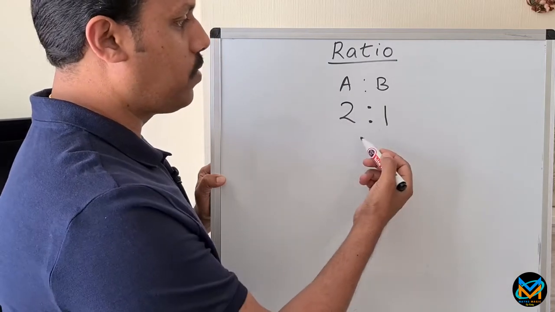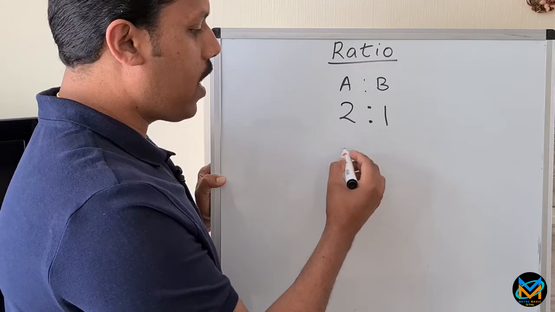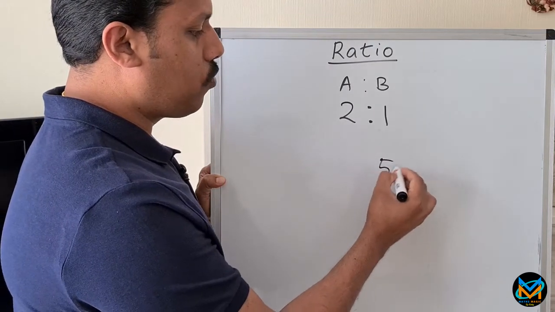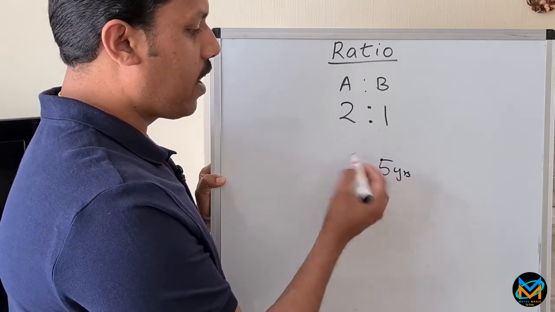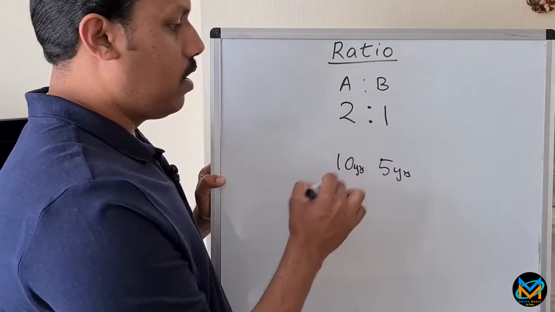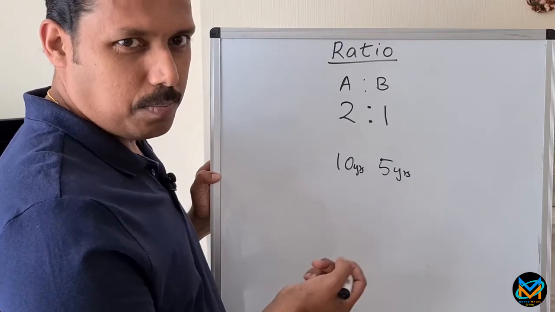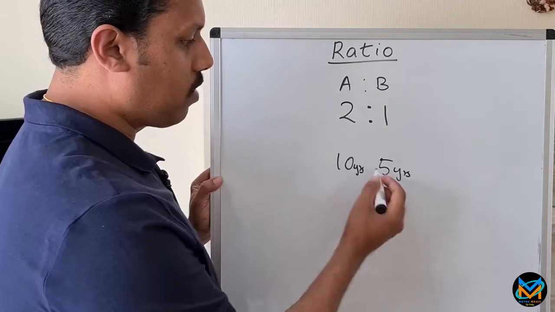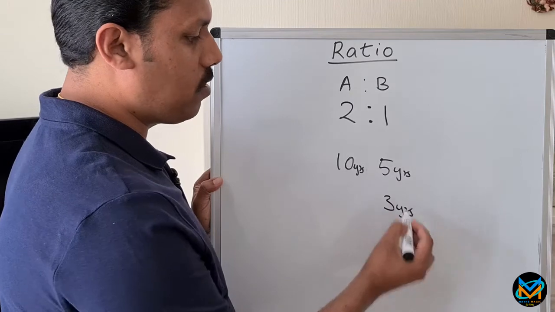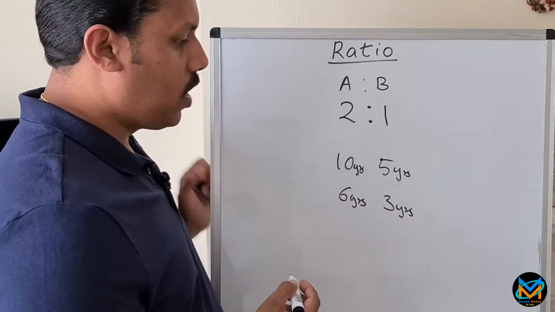That means I'm saying A is twice the age of B. So if B is 5 years old, then A will be 10 years, a multiple of 2. That is what ratio means. It's a multiple, not a fixed number. If B is 3 years old, A will be 6 years. Hope you understood what ratio means.